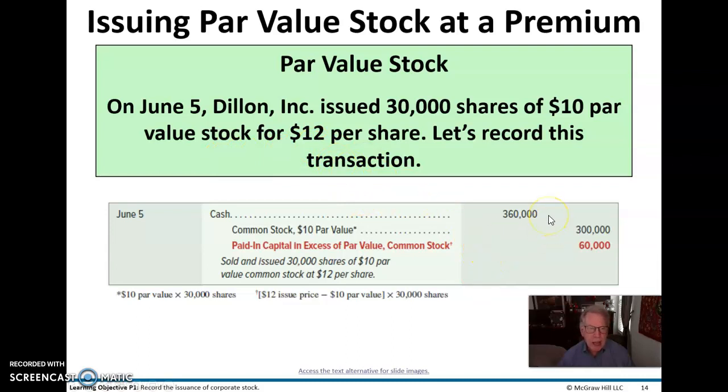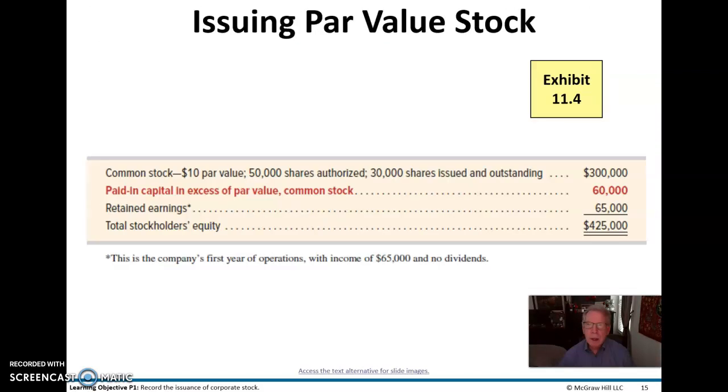The cash that we have is 30,000 shares times $12. And the 30,000 shares times the $10 par value is the $300,000. So we received $60,000 paid in capital in excess of par, common stock. And that's how we would record that journal entry. And then if we issue par value stock, this is how it's going to look on the balance sheet.